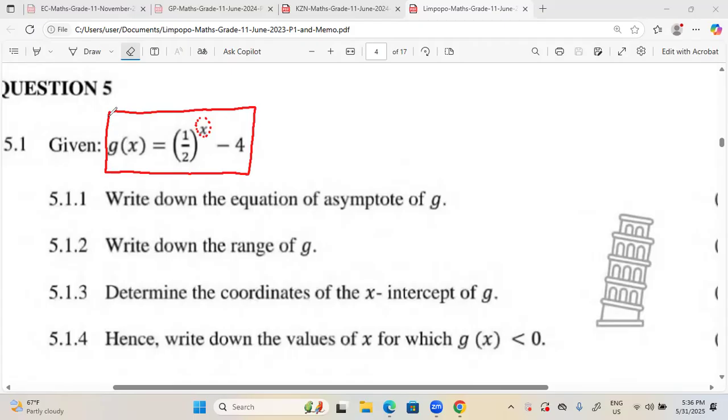Exponential function has got only one asymptote, and that is a horizontal asymptote. Please write this one down. The expo function, let me call it g of x. The expo function g of x has got only the horizontal asymptote.